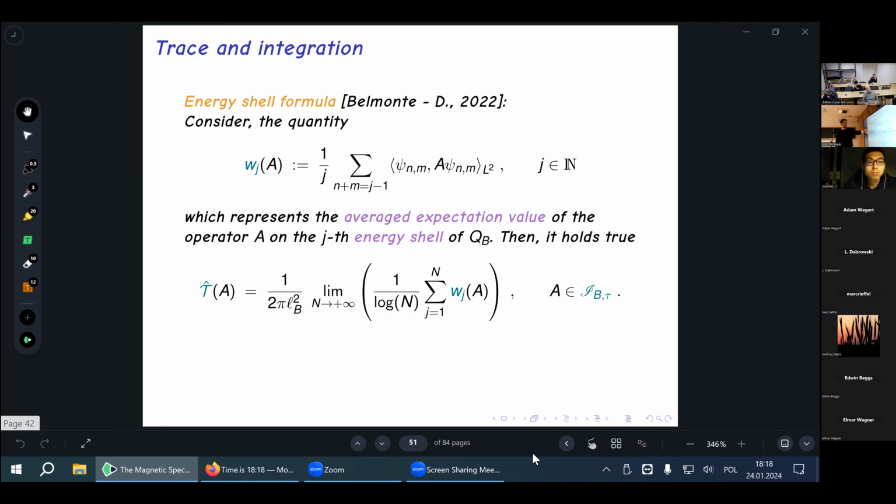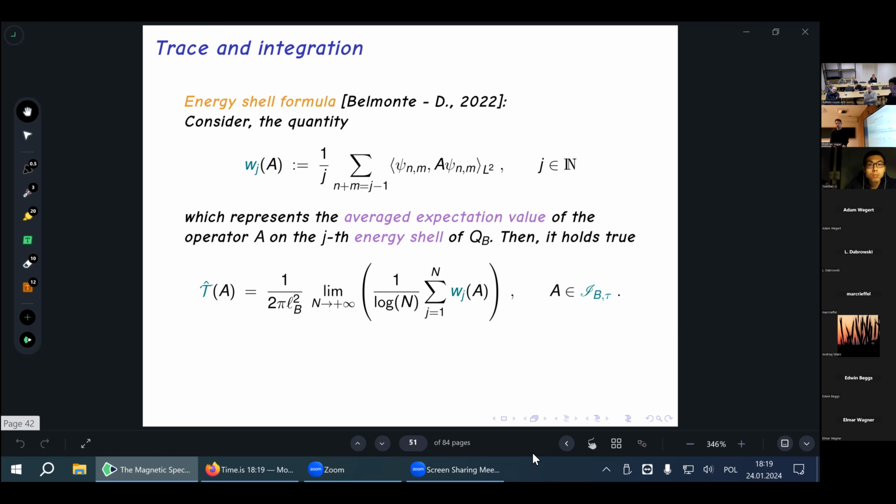I call this average WJA. Now, I sum this shell averaging from 1 to n, I normalize with the log n, and then I go to the limit. Again, this gives me, up to a constant, the trace per unit volume. And again, this formula works in all the ideal of definition of the trace per unit volume.